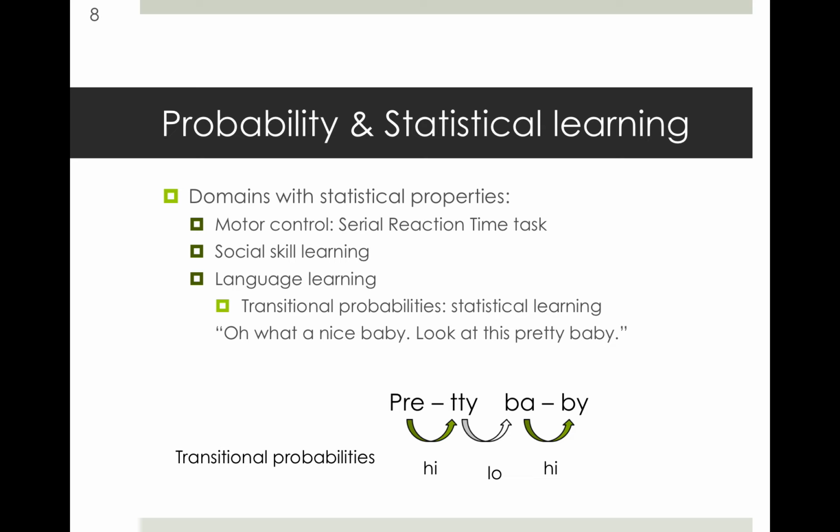So essentially what we're seeing is that within-word transitional probabilities are high, and between-word transitional probabilities are low. And so if you have a baby that's sensitive to transitional probabilities, it should be able to use just this information to figure out what the boundaries are between words.